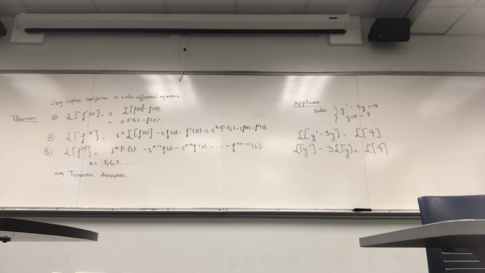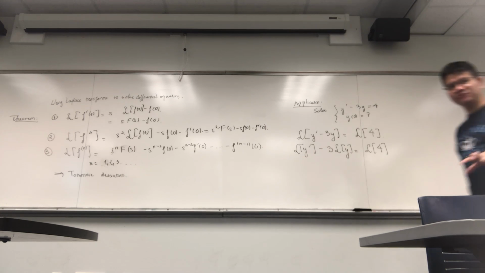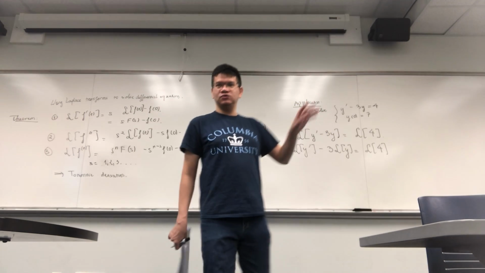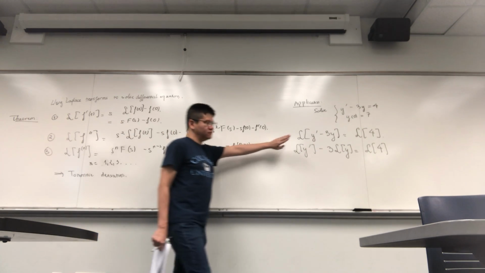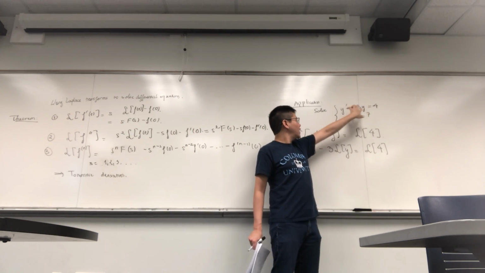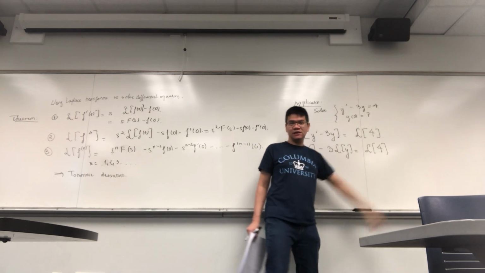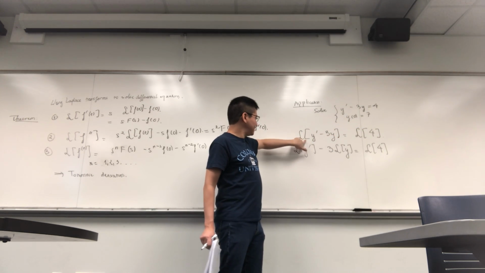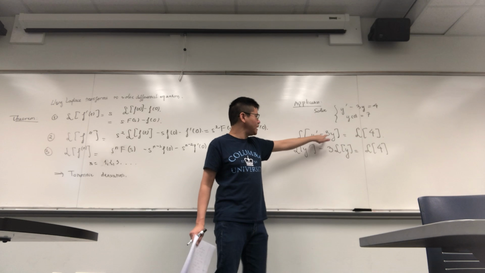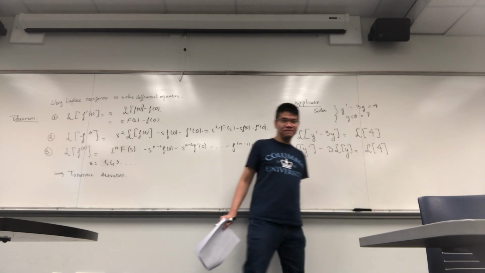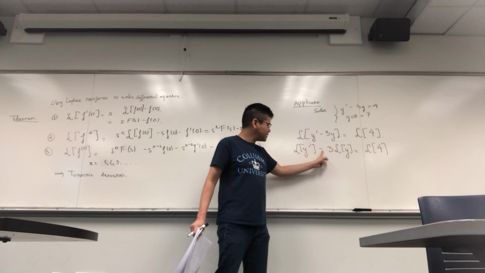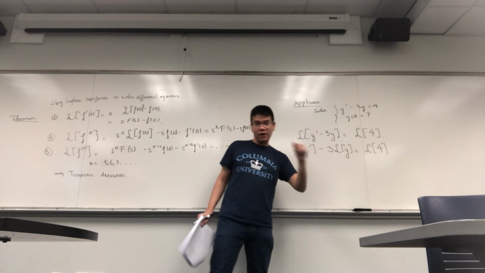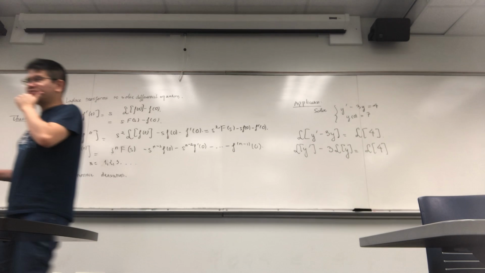So this is a completely different method in which you use Laplace transform to solve differential equation. To use Laplace transform to solve differential equation, the first step is always to Laplace transform both sides. On this side, you have the Laplace transform of y prime minus 3y is the Laplace transform of 4. This guy is going to be the Laplace transform of y prime minus 3 times the Laplace transform of y. So what is the Laplace transform of y prime?